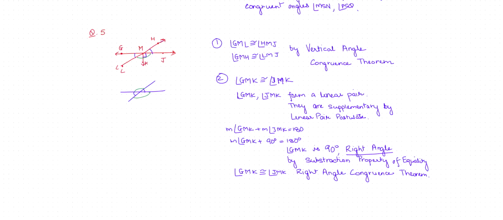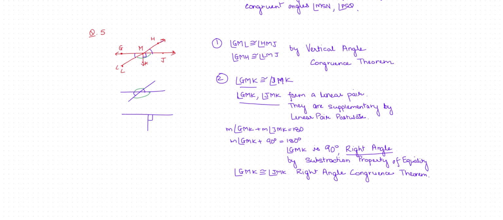So we see that JMK is congruent to GMK because GMK and this angle form a linear pair. So they are supplementary by linear pair postulate, which means they are equal to 180 degree.